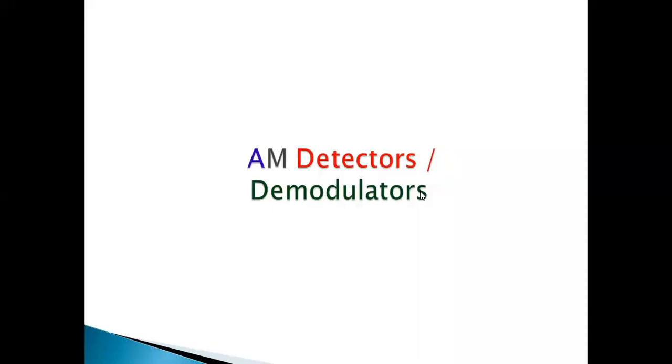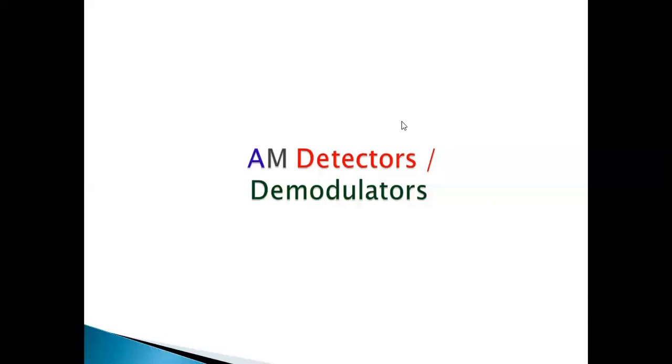What is the difference between modulation and demodulation? Modulation means converted signal. Demodulation means reconverted signal, which is the actual signal.